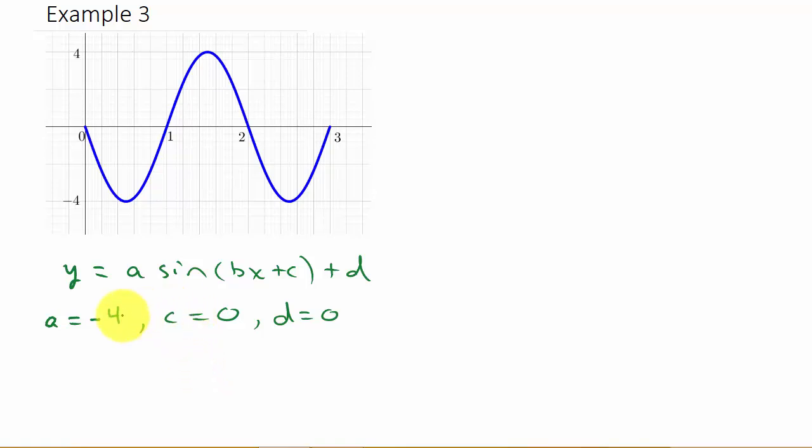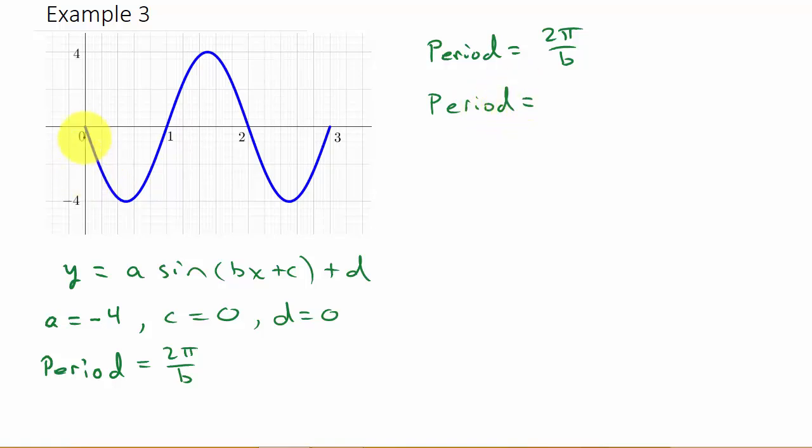We know the period is equal to 2 pi over b. So what's the period of this function? The period, which is 2 pi over b, is from 0 to 2.